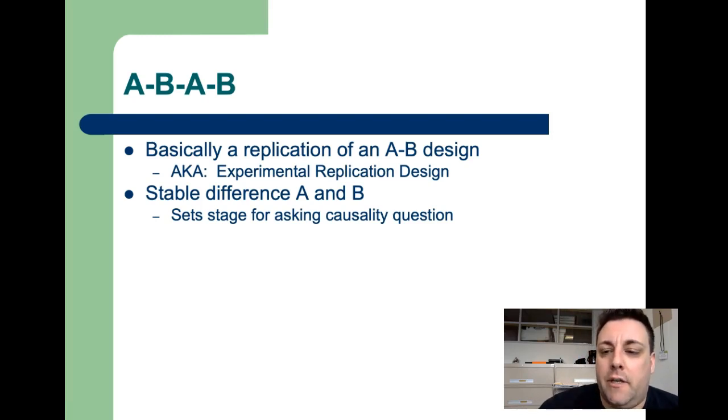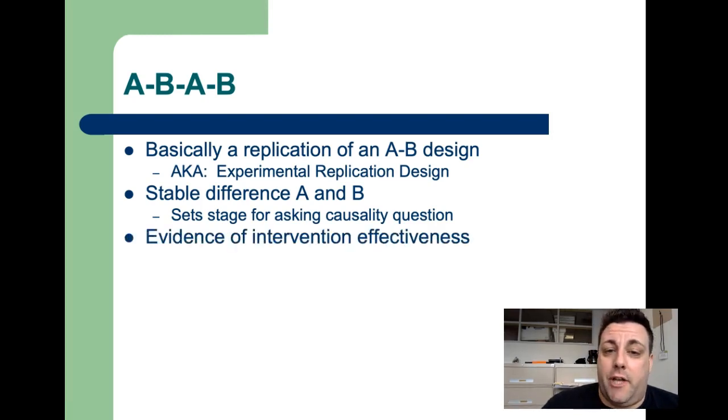So we want to see positive change in the B phase, and then negative change or setback in the A phase, and that really helps to establish causality, and that helps us say that it really is the intervention that's responsible for that positive change.